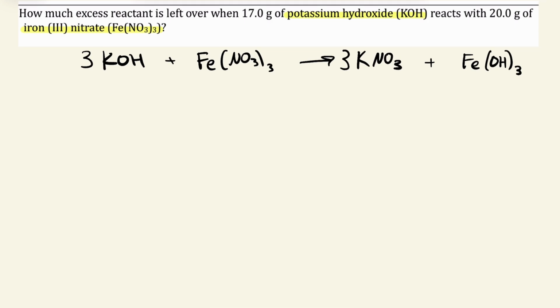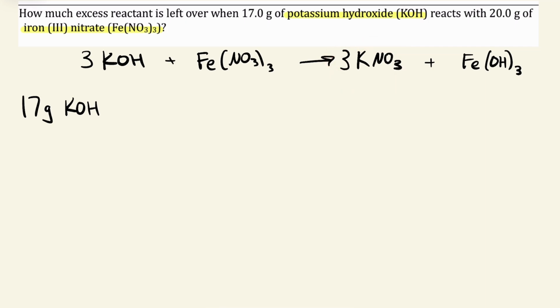So I'm going to start off by figuring out the yield for my KOH. I start with 17 grams of KOH. Now, using stoichiometry, I'm going to convert that grams of KOH into moles of KNO3.